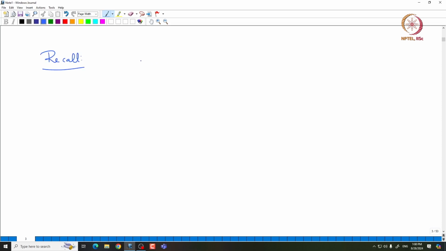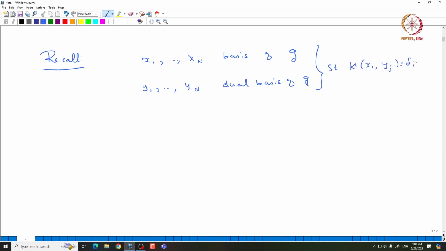If you fix a basis, let us say x1 etc. xn, of G, and take y1 etc. yn to be the dual basis of G with respect to x1 etc. xn, dual with respect to, let us say, the Killing form. This is such that the Killing form of xi yj is delta ij.